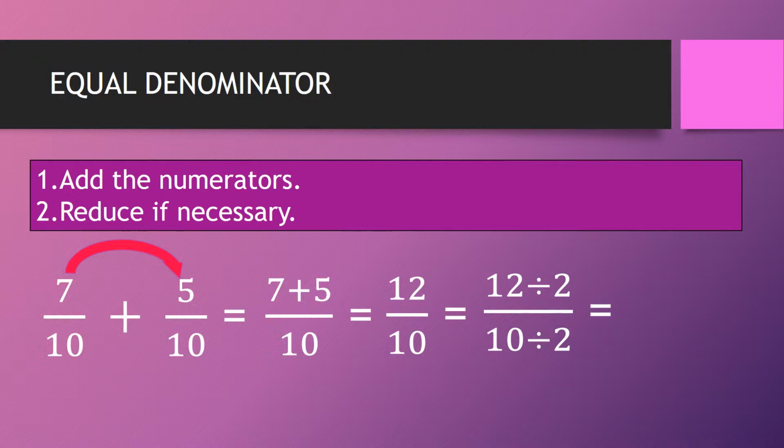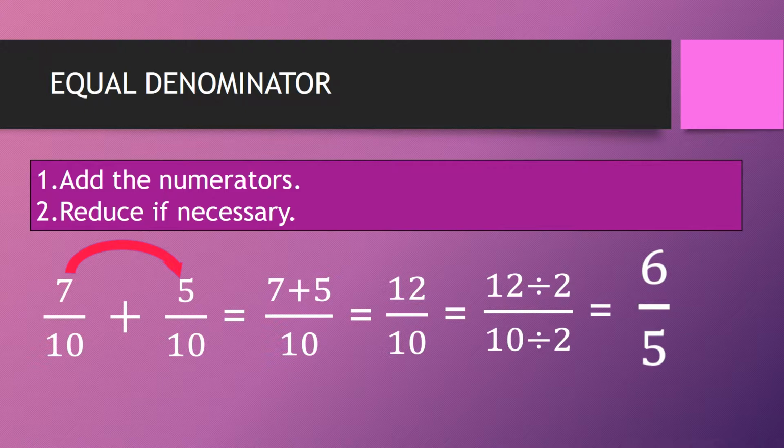Don't give the final answer if you don't reduce. Always you need to reduce if necessary. Now when you divide by 2, 6 over 5, and 6 and 5 don't have common factors. Now the final answer is 6 divided by 5.